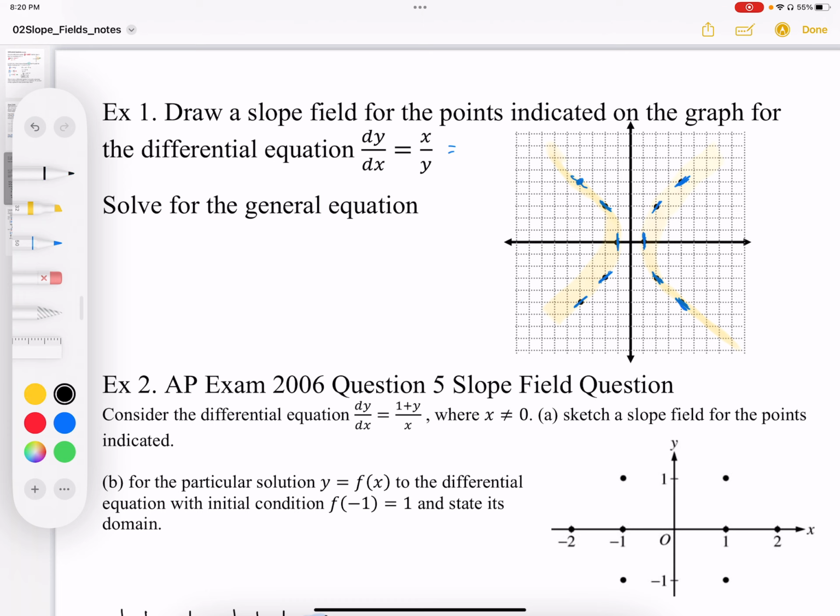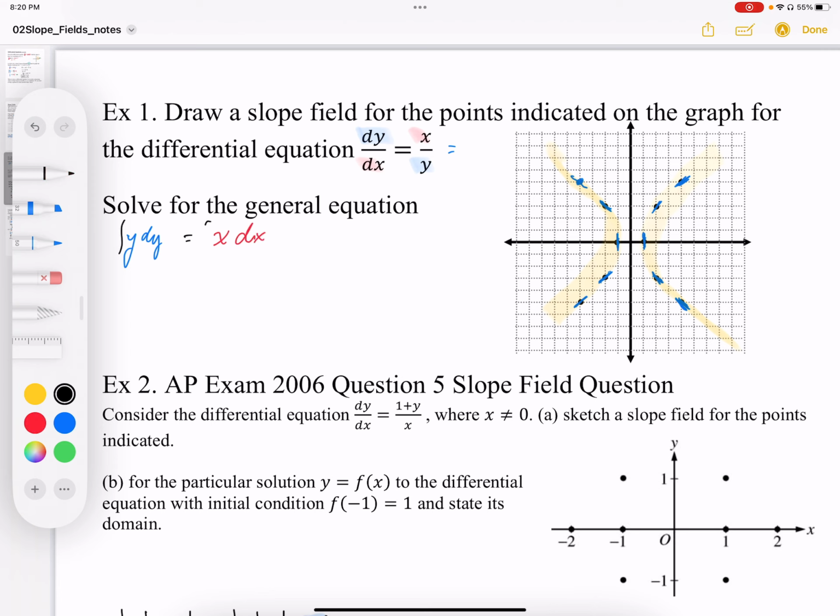So when we solve this differential equation, I'm going to separate this out. I'm going to separate my dx's with x's, my dy's with y's. So I end up with y dy is going to be equal to x dx.